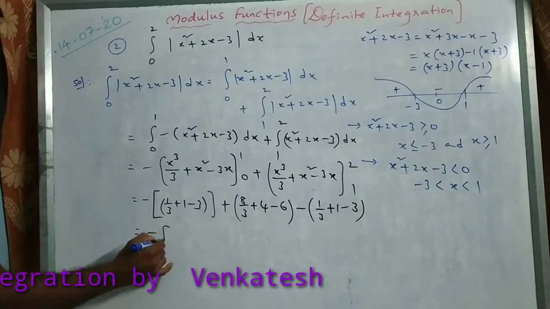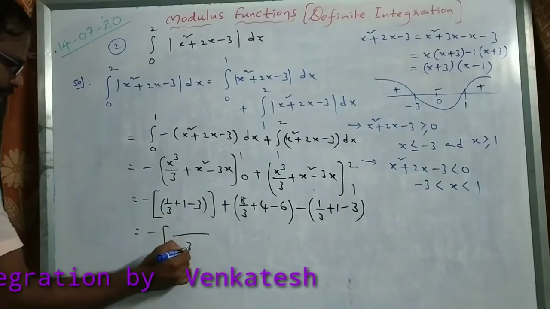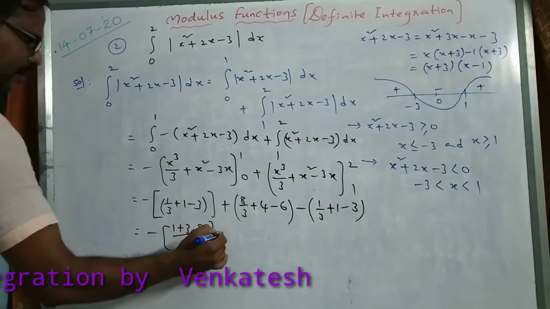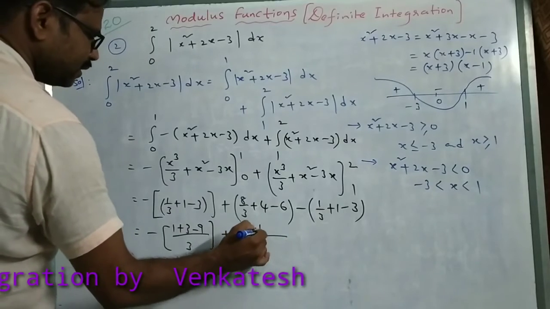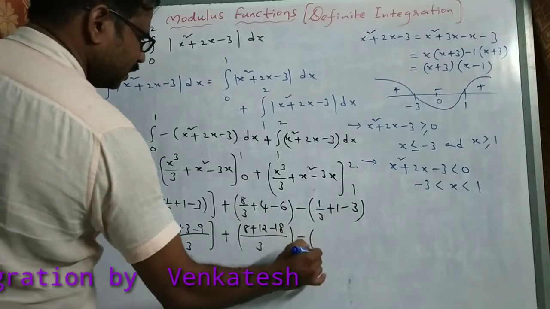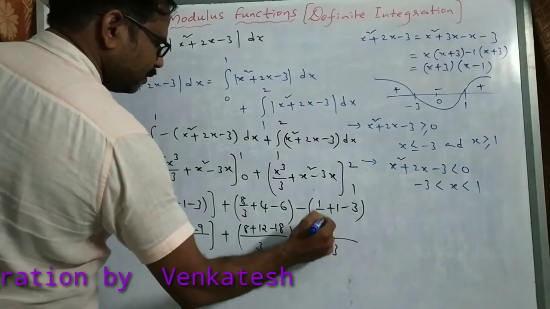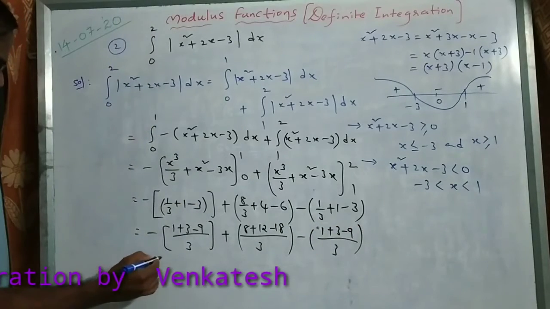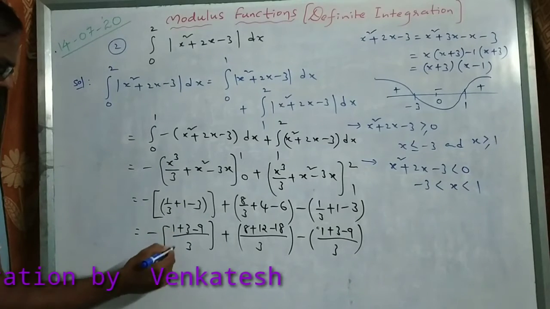Minus of, here 3 LCM: 1 plus 3 minus 9, plus here 3 LCM: 8 plus 12 minus 18. Here also 3 LCM, so 1 plus 3 minus 9. So 4 minus 9 means minus 5.